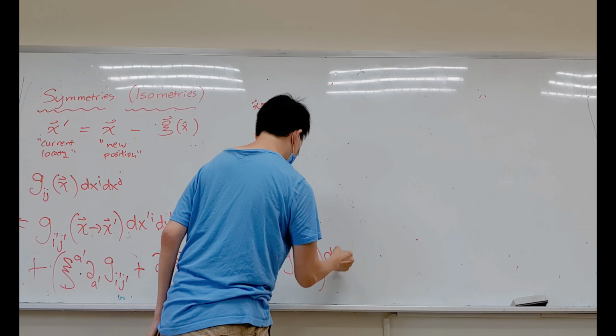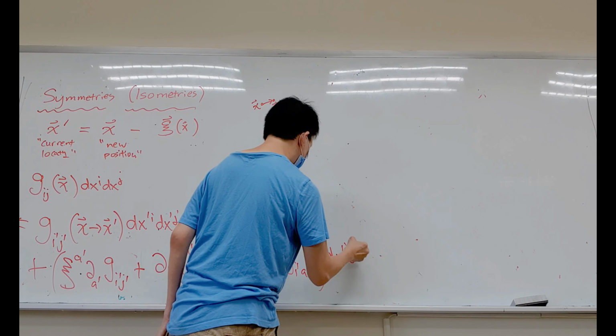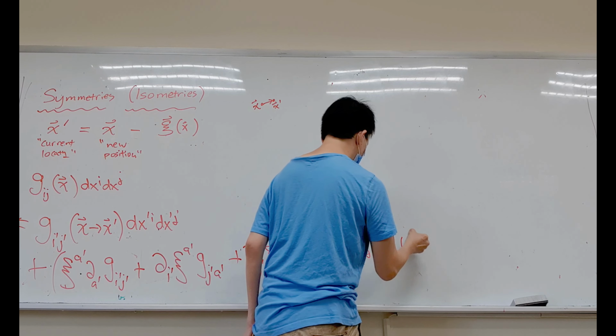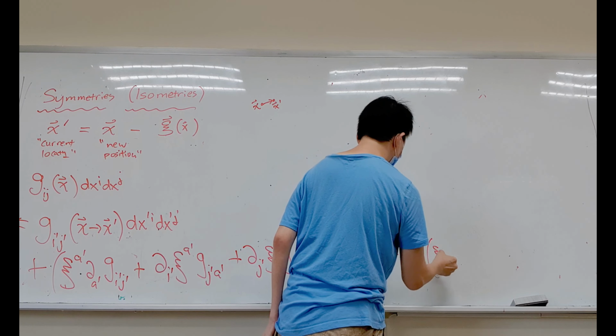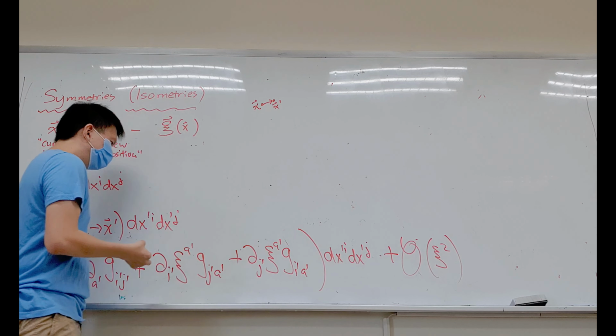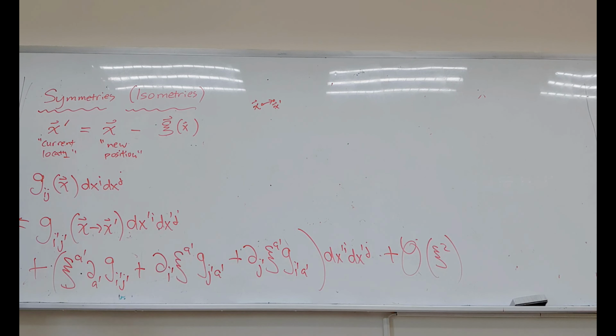Then dx prime i, dx prime j, and then plus, let me just say, order C squared. By that I just mean the higher terms are quadratic in C and higher. Okay? So to first order in C, this is what it looks like.